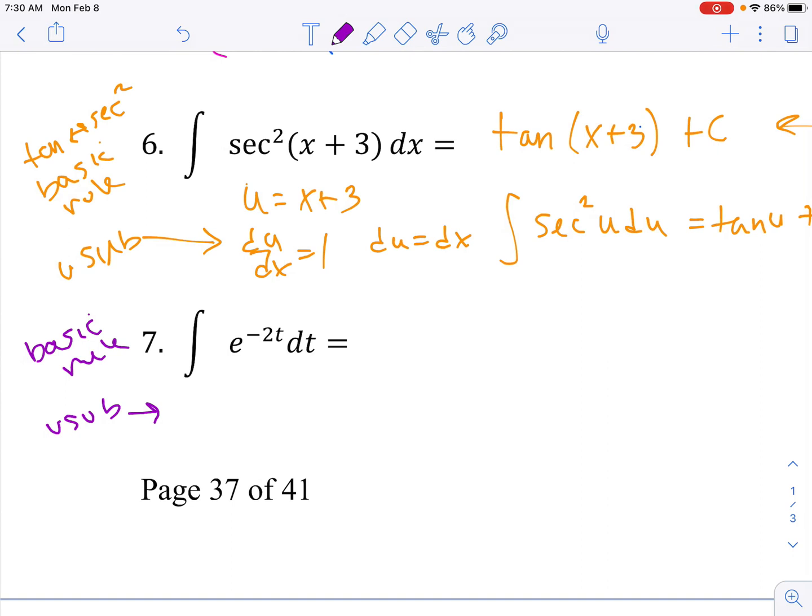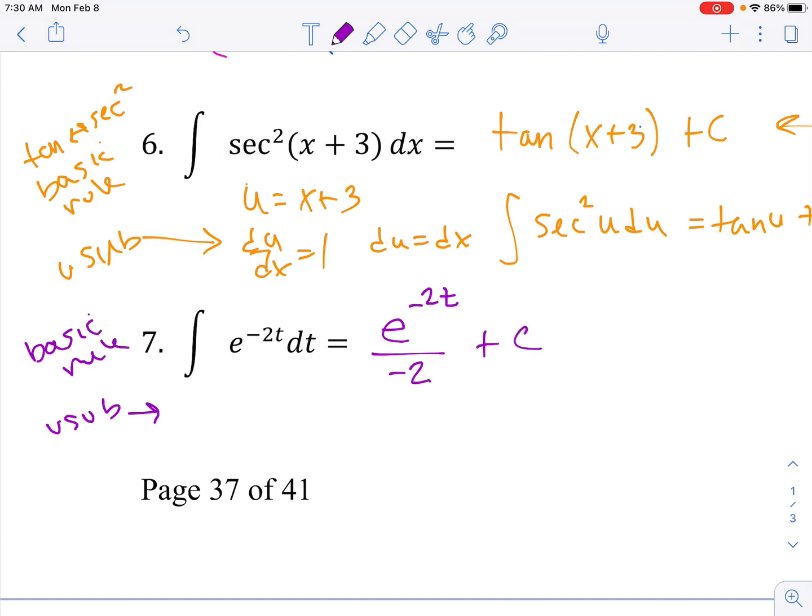With the derivative of the inside being divided out, we're reversing the chain rule. That's all the u sub is. We know that e to the whatever has an antiderivative of e to the whatever, and with linear expressions in the composite, we just divide by the derivative of that linear expression and put a plus c on.